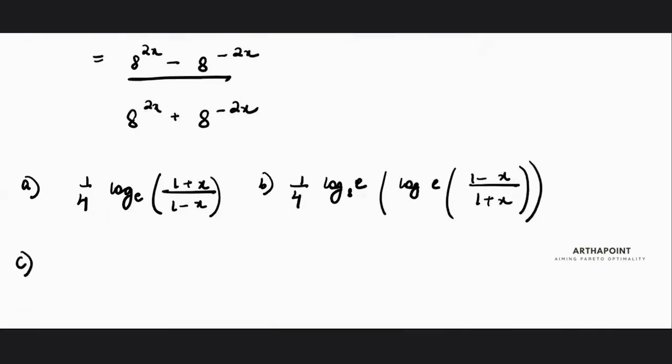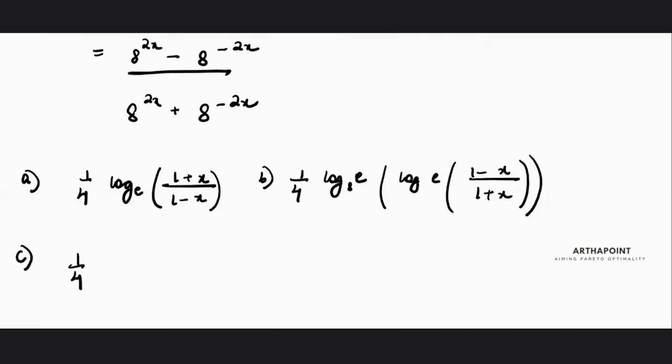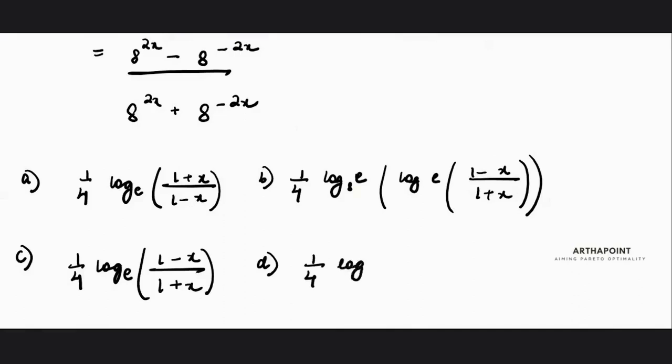The third option is 1 by 4 log of (1 minus x upon 1 plus x). And the last option is 1 by 4 log e of (1 plus x upon 1 minus x).